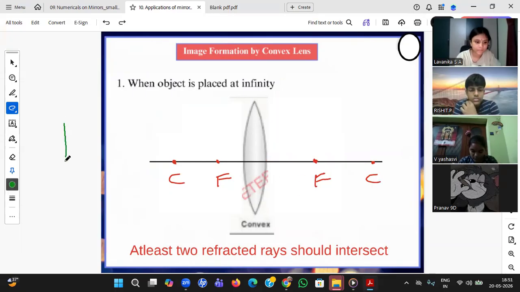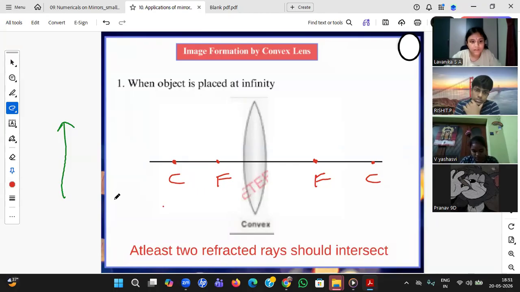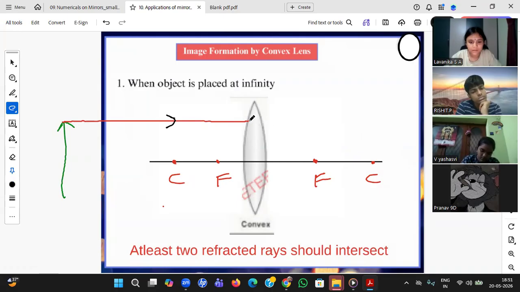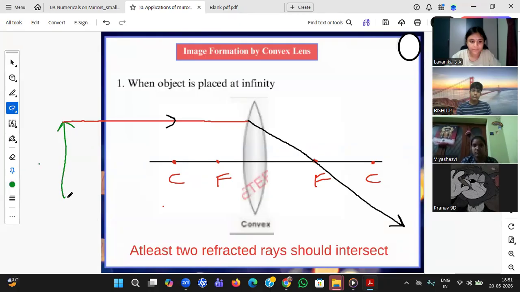Okay, Lavanika, help me, beta. My object is at infinity. Which type of ray will you suggest? So the first ray should go straight. Parallel ray. Whenever light is going parallelly, as it is a lens, it should refract and pass through the focus. Should I go for another ray? Yes, sir. So what other ray will you consider?